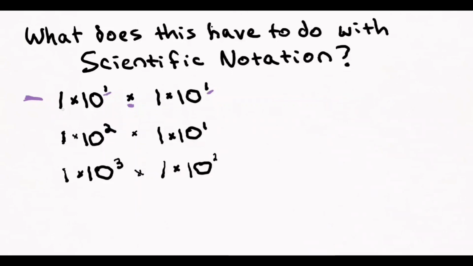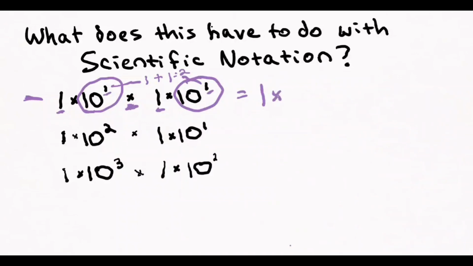We're going to take 1 times 1, which is 1, and then this 10 to the power of 1 and 10 to the power of 1, we just take this exponent, the 1, and this exponent, the 1, add them up, give you 2. So now we have 1 times 10 to the power of 2. And that's it.